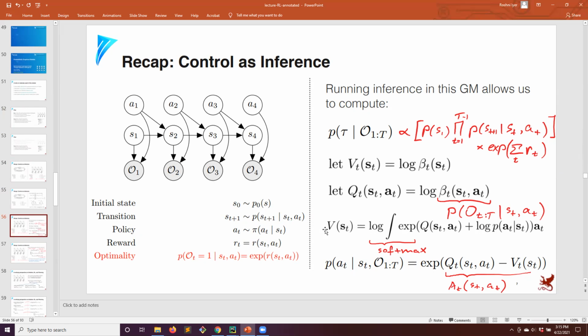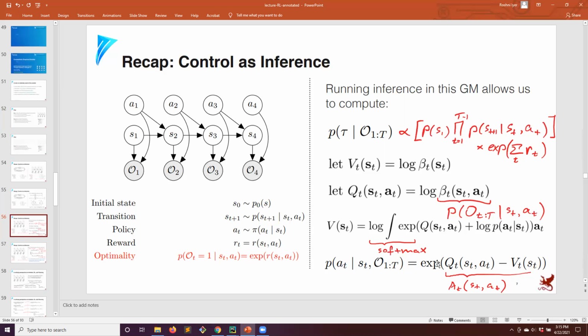And finally, we actually derived this here, where we have a connection between the V of the state and then the Q of that state and action. And we said this is using a softmax. And when we have this, this is following that optimal policy, because here we have these optimality variables. We said that that is equal to this part, just the exponential of the difference between the Q function and the V function. And this is what we call the advantage.